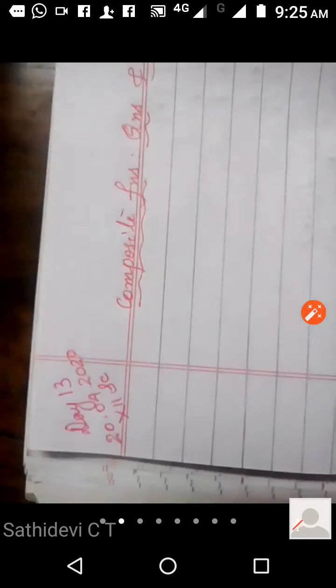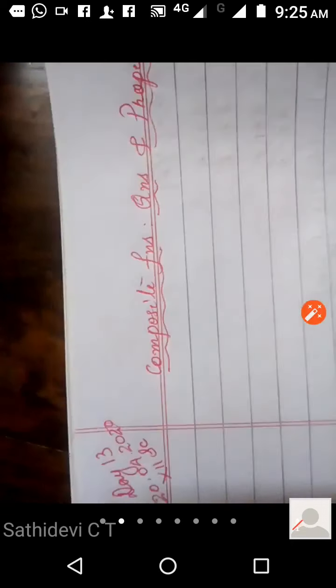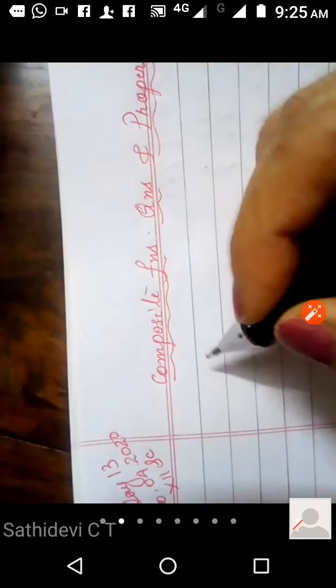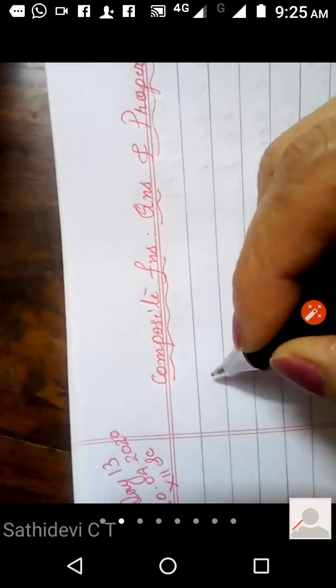We were dealing with composite functions and a few questions also we have done. Just recapitulate what is composition of two functions.